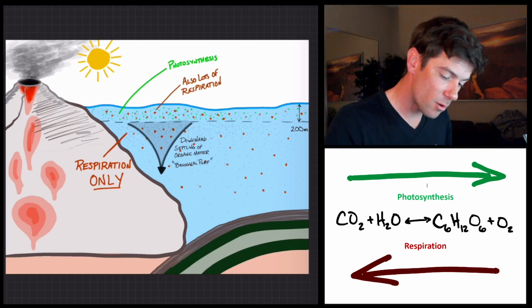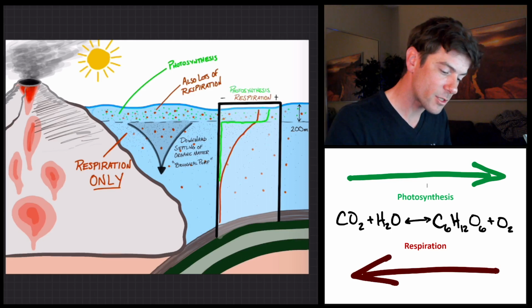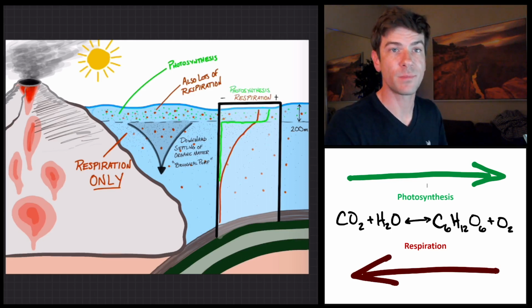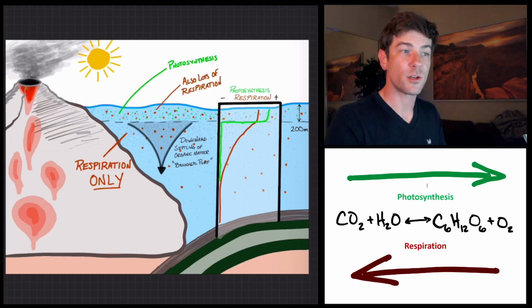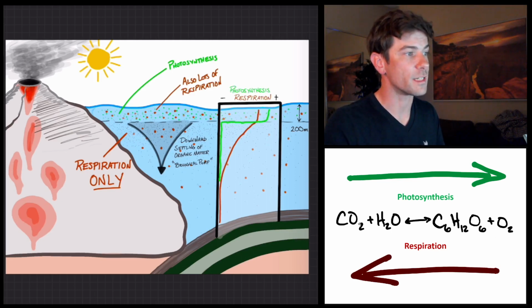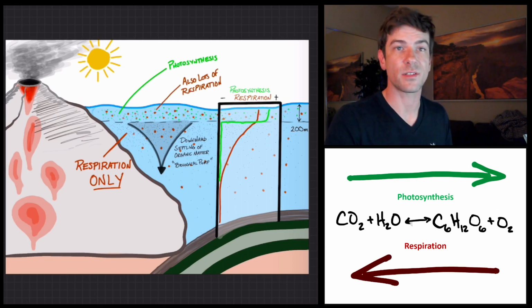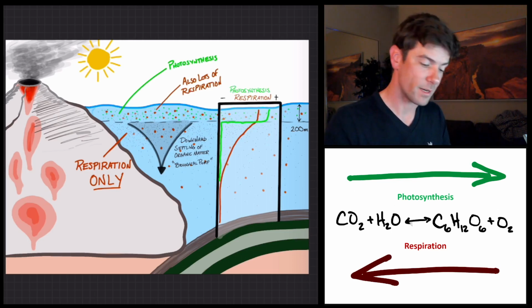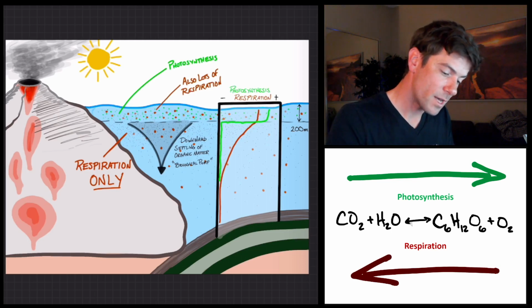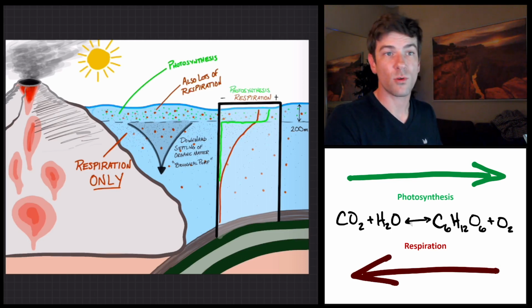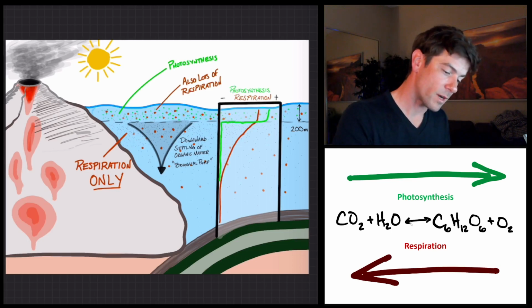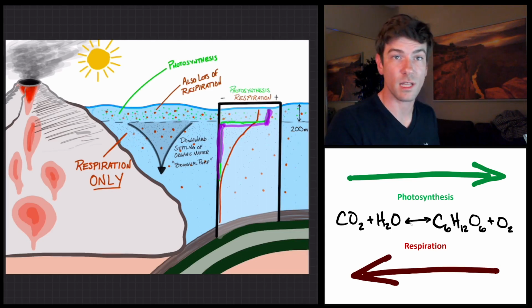Now, below the photic zone, there's still respiration taking place, right? And so respiration is still taking organic material and oxygen and turning it into CO2 and water and releasing anything else that's in there, like nutrients, importantly. Okay, and so if you look at total photosynthesis, it's really high in the surface ocean, and then it drops to nothing in the deep ocean as soon as light is no longer present.